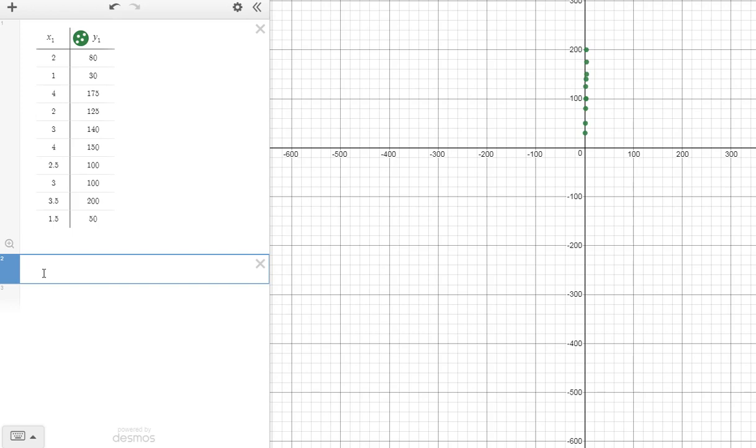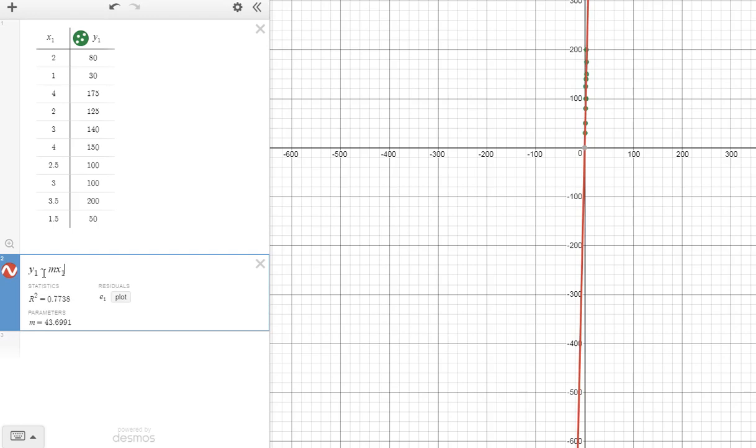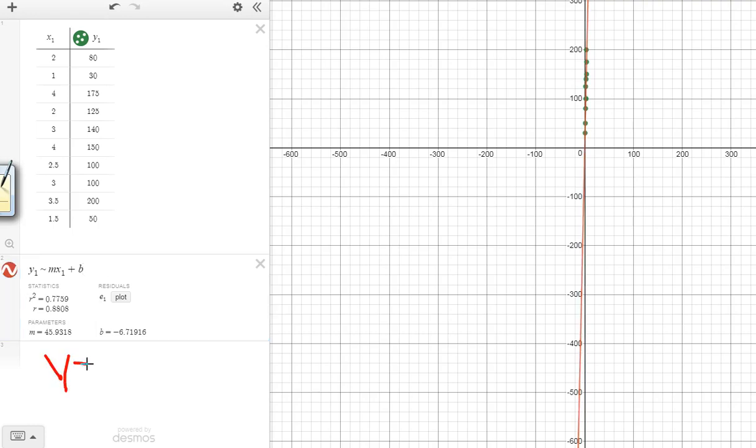Remember, we want to say y1, little squiggly line, mx1 plus b. Okay, now that gives us everything we need for our equation. Our equation is now going to be y equals 45.93x.